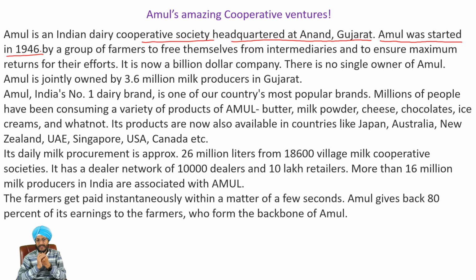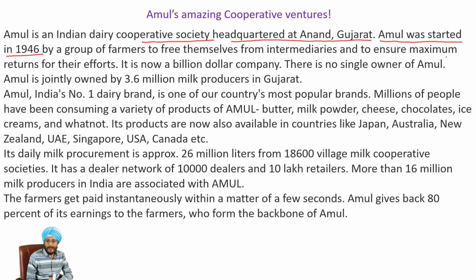So they approached Sardar Vallabhbhai Patel, who was a freedom fighter as well as a leader of that time, to help them out. The farmers also approached Morarji Desai. So Vallabhbhai Patel and Morarji Desai advised as well as helped them in forming the cooperative society.